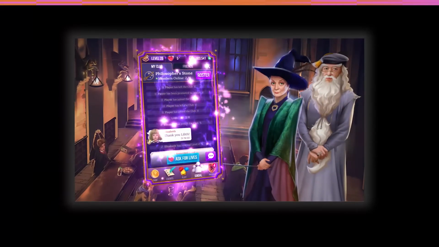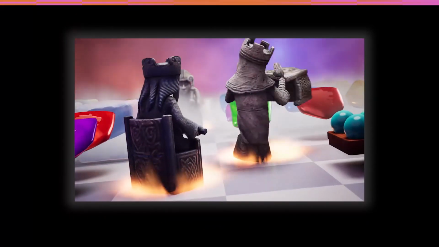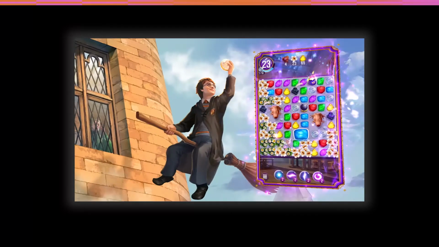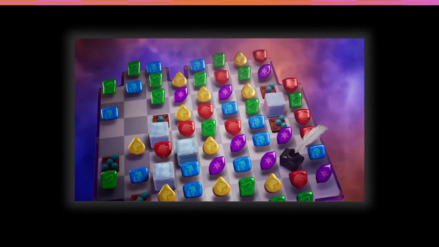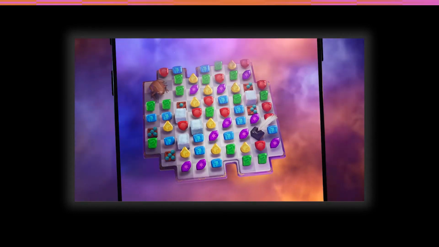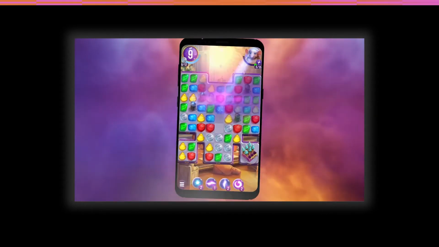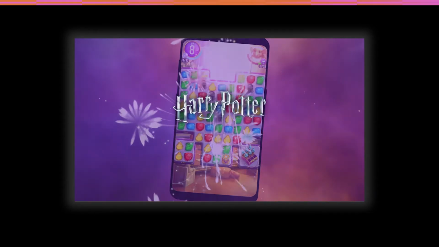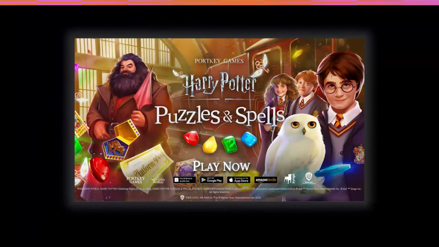Play with friends and share the adventure as you swish and flick through boards inspired by your favorite characters and iconic moments from Harry Potter. Become a master of puzzles and caster of spells on a captivating journey. Celebrate the magic of Harry Potter. Puzzles and spells. Download today.